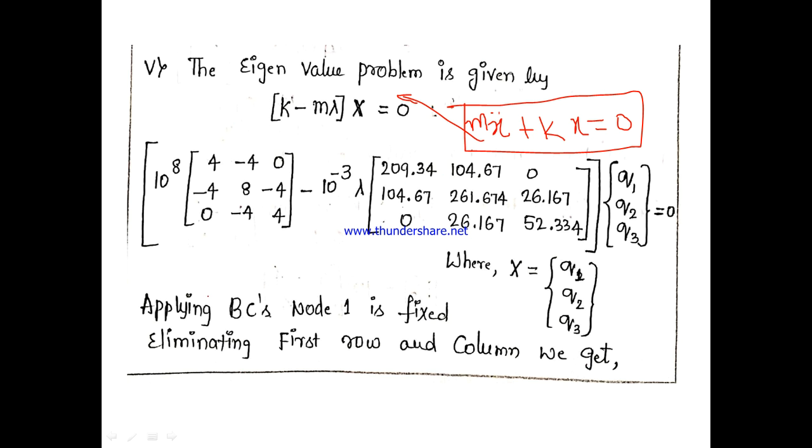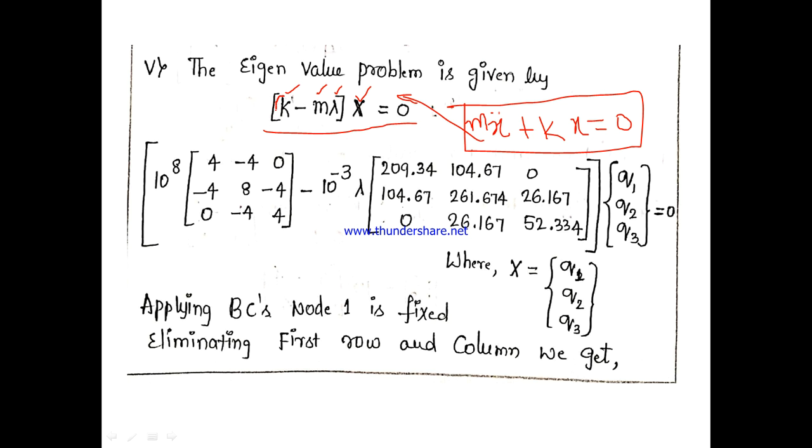So this equation we got directly, (K minus lambda M) x is equal to 0, where K is the stiffness matrix, M is the mass matrix, and lambda is a constant, called the eigenvalue. We need to find the eigenvalues lambda, and from lambda we can also find the frequencies. Where x is the displacement Q1, Q2, Q3.